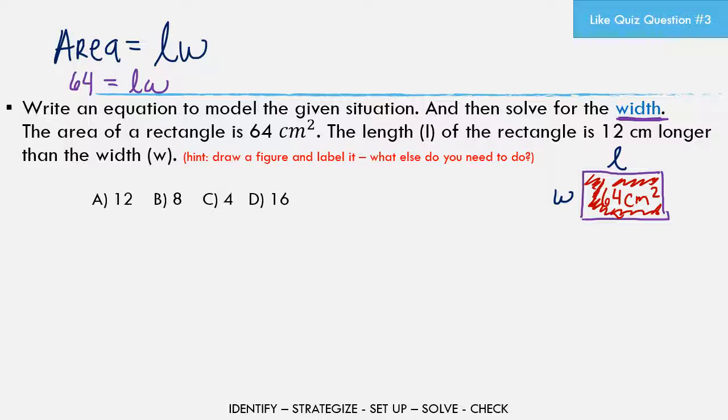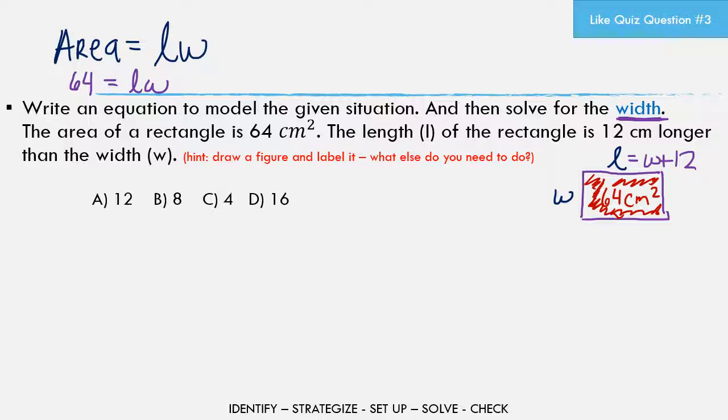In this last sentence here, it says the length of the rectangle, so our length is 12 centimeters longer or 12 centimeters more than the width. So our length is, and "is" is the same word as equal, 12 centimeters longer than the width, or the width plus 12.